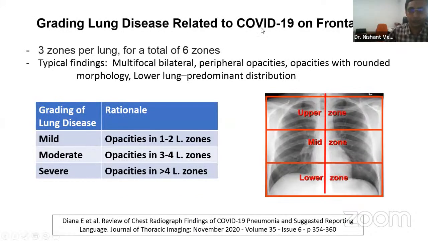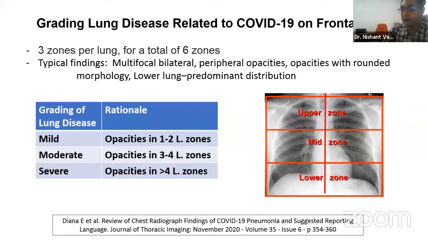On chest X-ray, again you can grade the severity of ARDS on a chest X-ray. You can divide the chest X-ray PA view into 6 zones, 3 zones per lung: upper zone right left, mid zone right left, and lower zone right left. Sometimes instead of using 6 zones, you can also use 4 zones. The basic purpose again is to see the improvement.